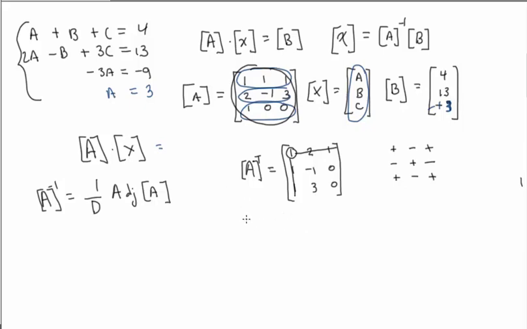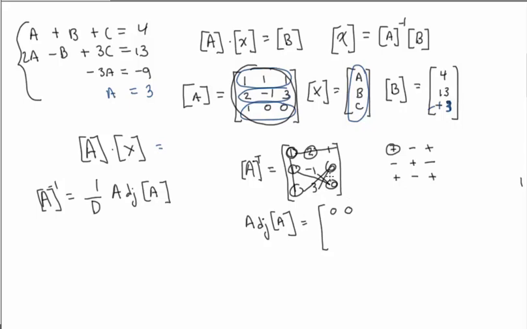So let's take a look at the adjunct matrix, which is the result of doing all that business, the adjunct of A. So the first entry will be keep. And what are we keeping? 1 times 0 times 0, which gives us a 0. Next, 2 times 1 times 0, 0 times 1, which is 0, change it, but it's still 0.